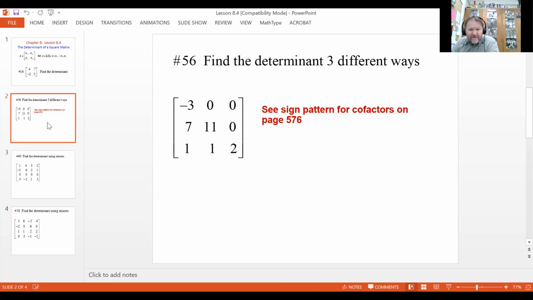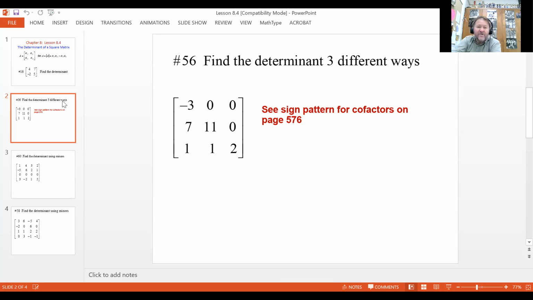Anyway, let me write this matrix down. It's -3, 0, 0, 7, 11, 0, 1, 1, 2. All right. I'm going to show you 3 ways that I want you to know how to do this 3 by 3. The first way being the most garbage, horrible way to do it.